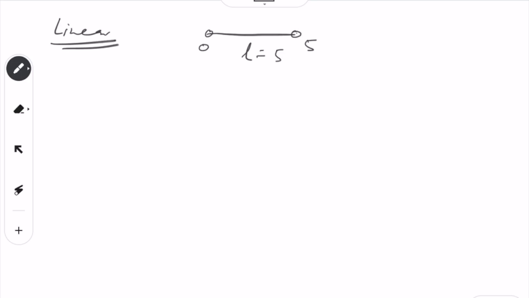Now, how to find out N1? N1 has to pass through this point. So if you look at the equation of the line, N1 has to go like this.